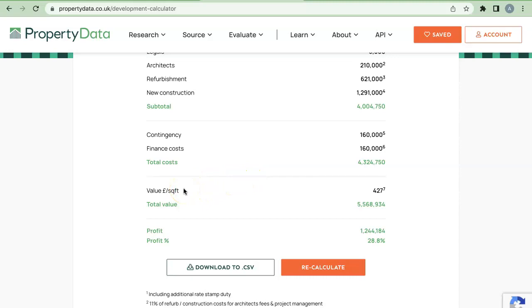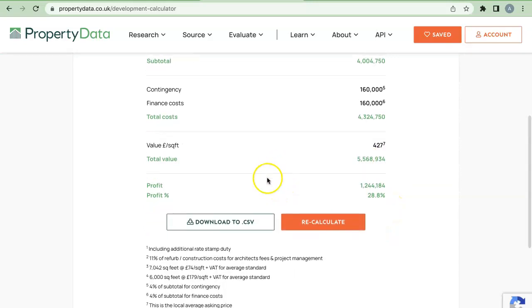The residential value in that area is £427 a square foot, giving a gross development value of 5.568934, giving a potential margin of 1.244184, which is 28.8%. It won't actually be as high as that because these figures have got to be increased, so it'll probably be down in the region of 20 to 25%.